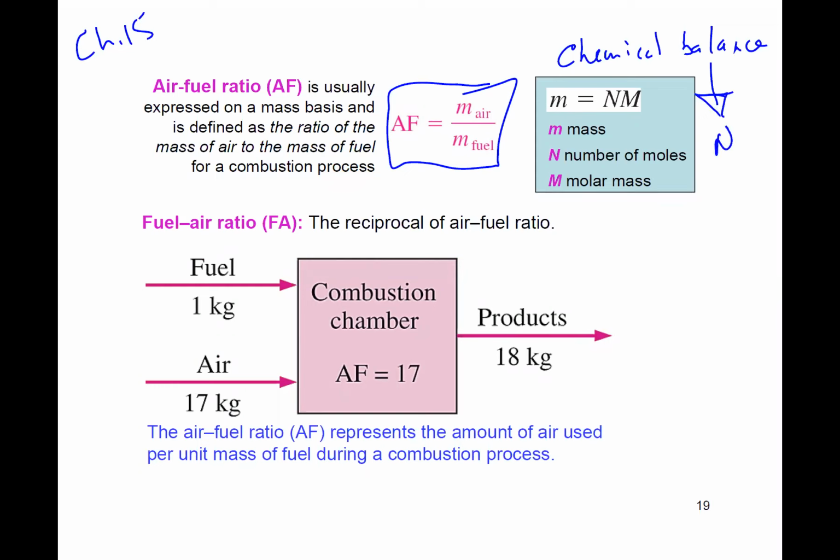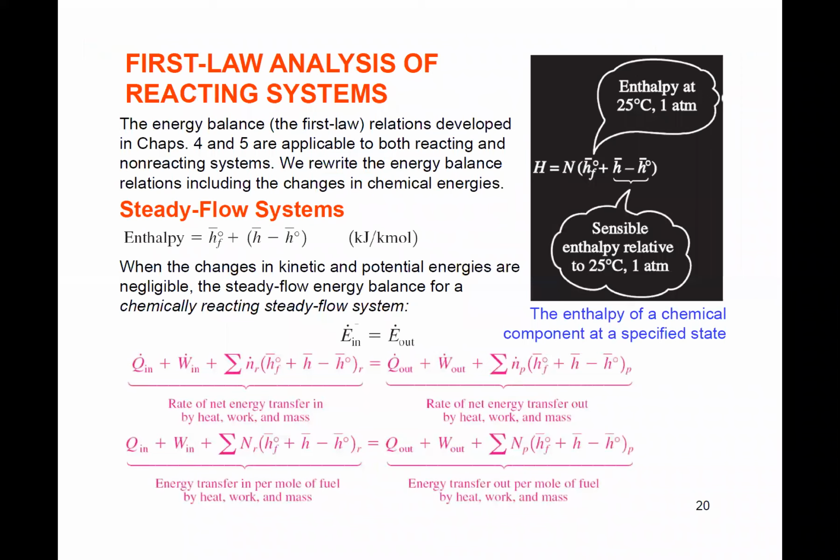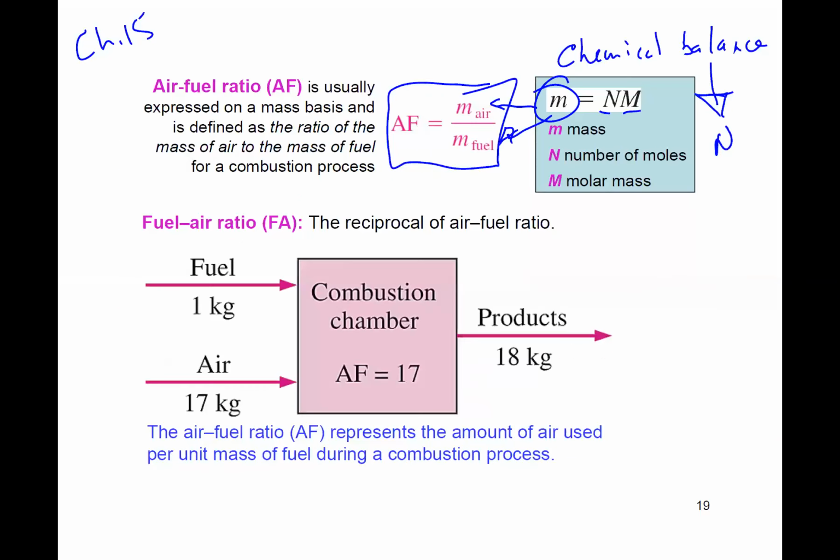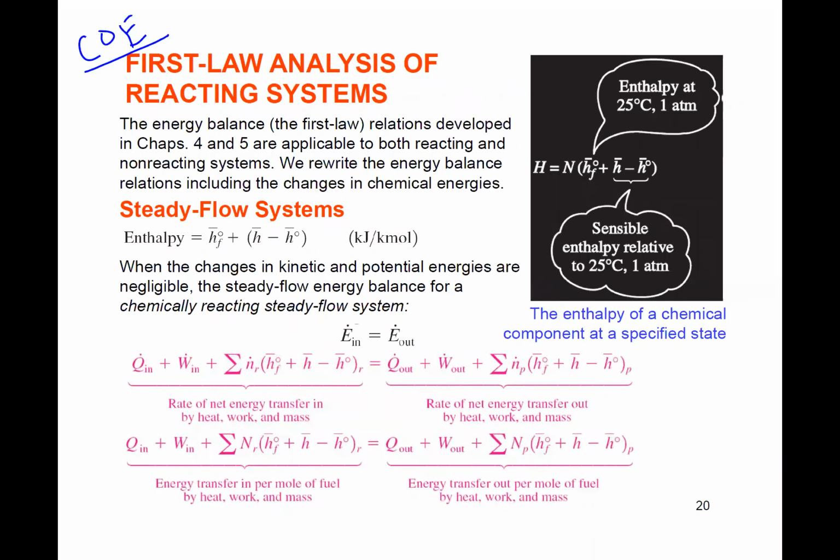So then we can use moles and the molar mass to get us the mass for air, and then do that setup and use it for the mass of fuel. The other big thing is our conservation of energy. Okay, and really all the problems in this chapter simplify to the chemical balance and the COE.